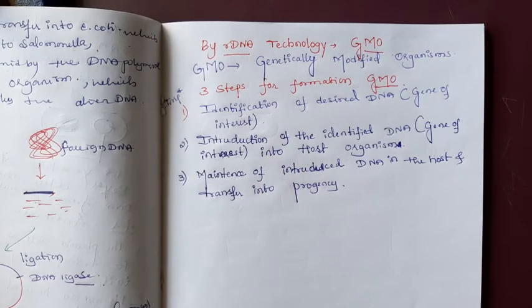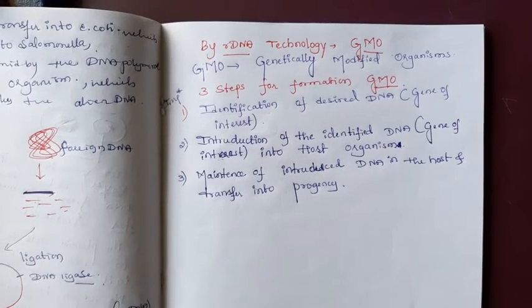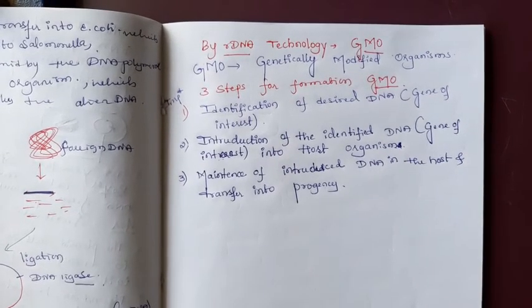Then only can the GMO plant be produced. GMO in the sense genetically modified organisms. The genetically modified organism can be produced by following these 3 steps. First one, identification of the desired gene or the gene of interest from a selected organism.